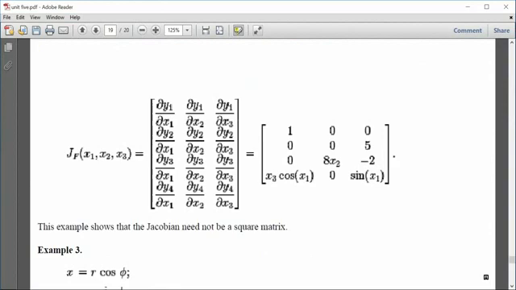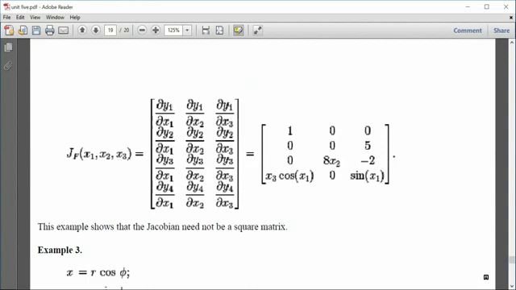From this step, they are showing that when finding the Jacobian matrix, the first column will be the partial derivatives of y1, y2, y3, and y4 with respect to x1.